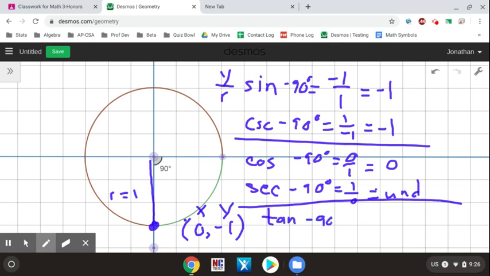So tangent of -90 degrees is -1 over 0, which is undefined. And then cotangent, I would flip it upside down. So instead of having -1 over 0, I'd have 0 over -1, which is 0.